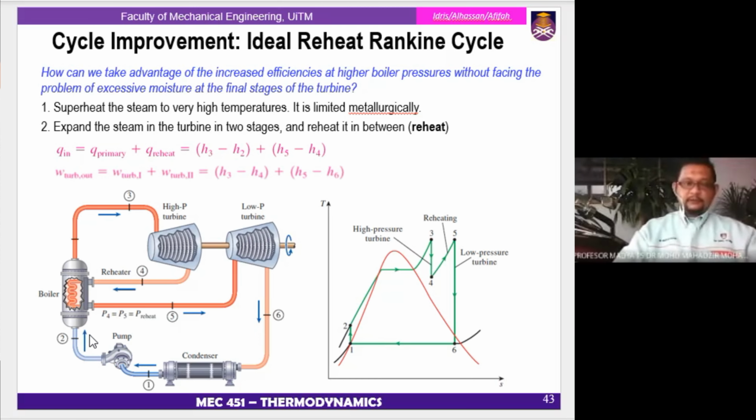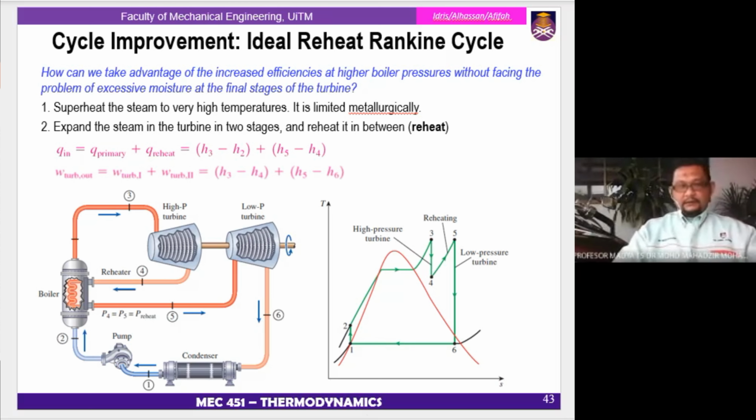It comes out of the boiler with new energy and turns turbine number 2, the low pressure turbine, rotating the shaft and giving power to the generator. The steam then comes out of turbine number 2 to the condenser and goes to the pump, and the process continues.